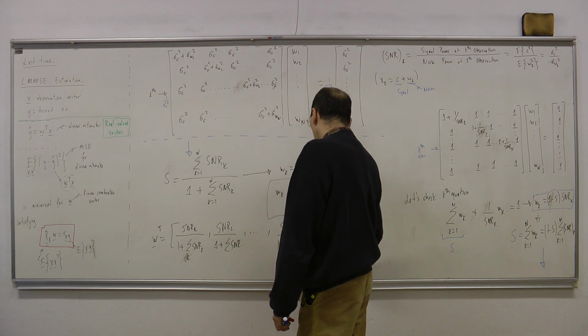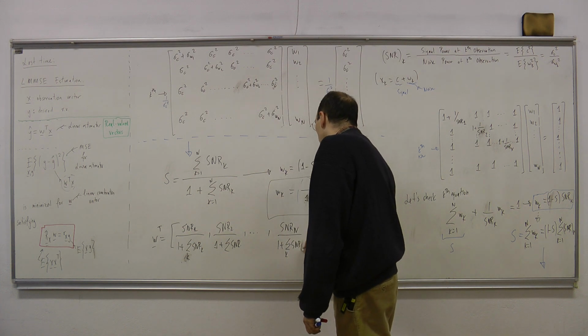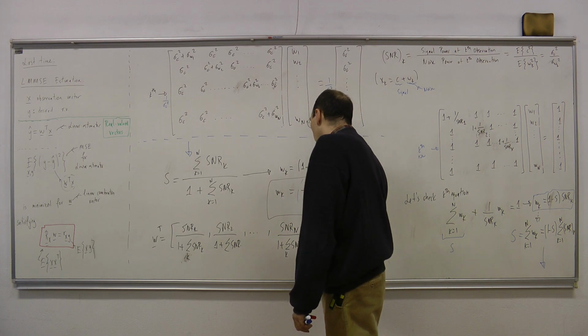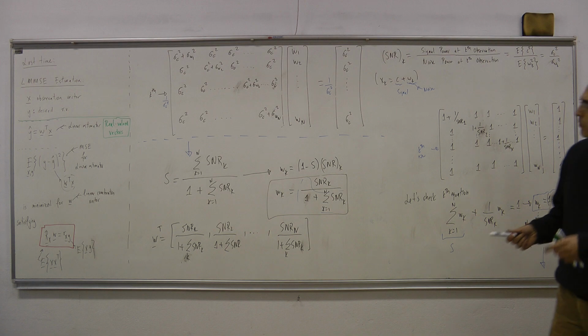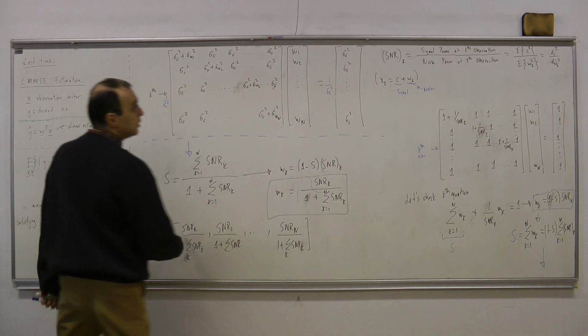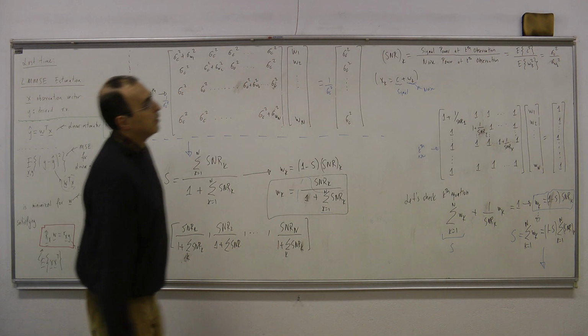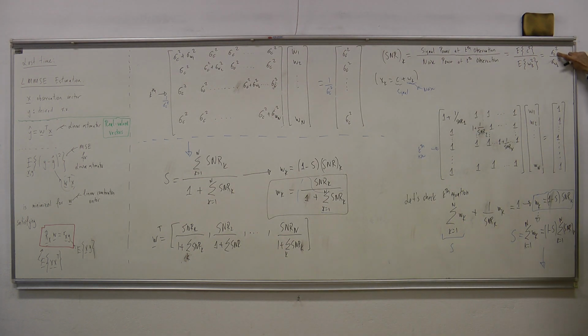So once you do a calculation, you should always stop and think whether this makes sense to you or not. And you should check some obvious cases. For example, if SNR of the first observation is equal to 0, meaning that, how can this be equal to 0? This can be equal to 0, or this can be infinite, or it's, let's say, very small, meaning that the first observation noise is very large.